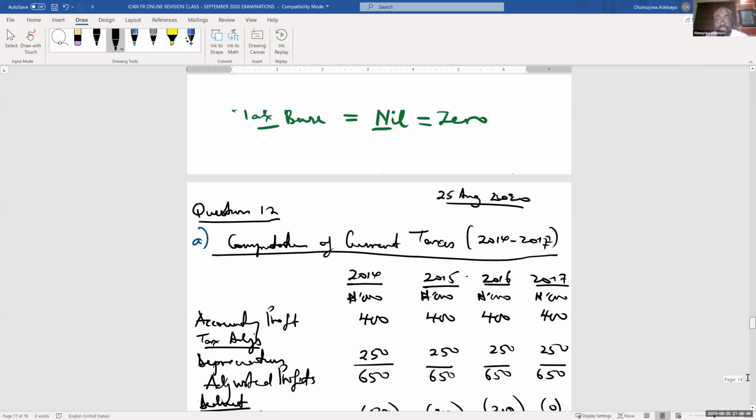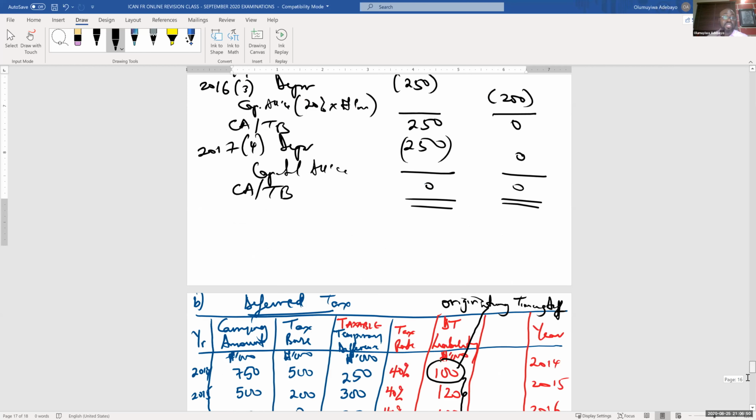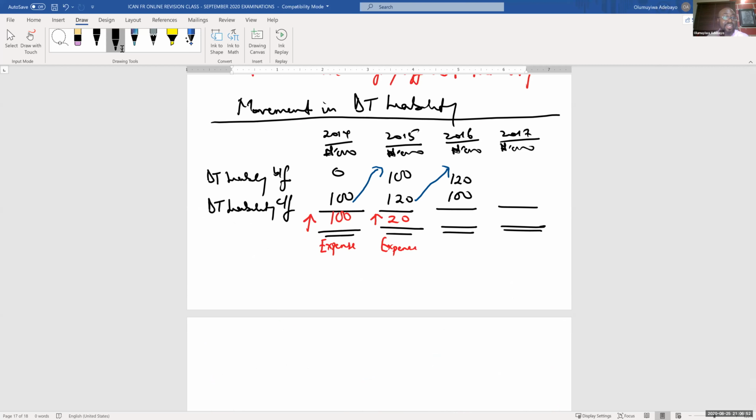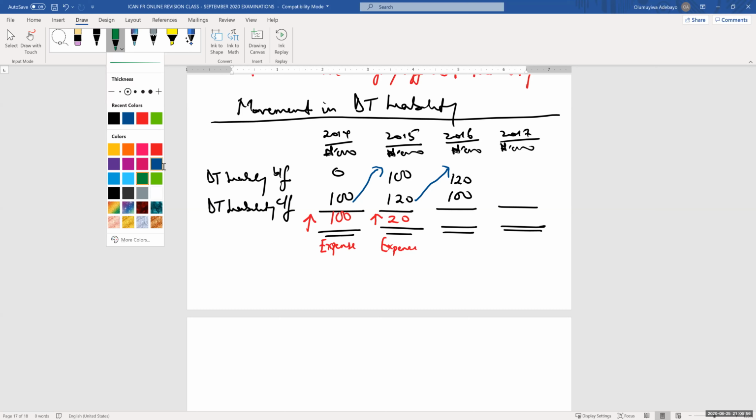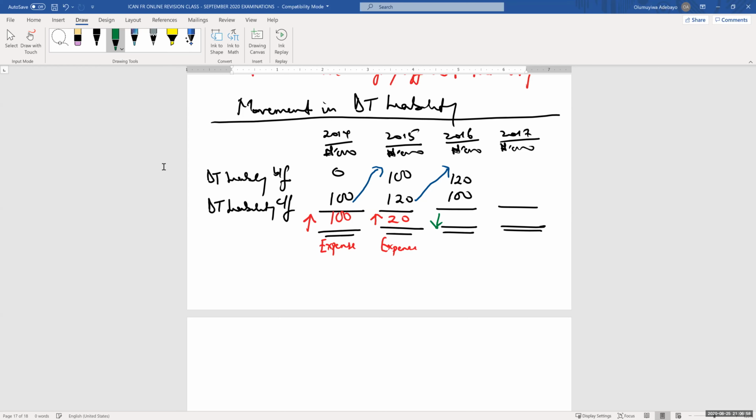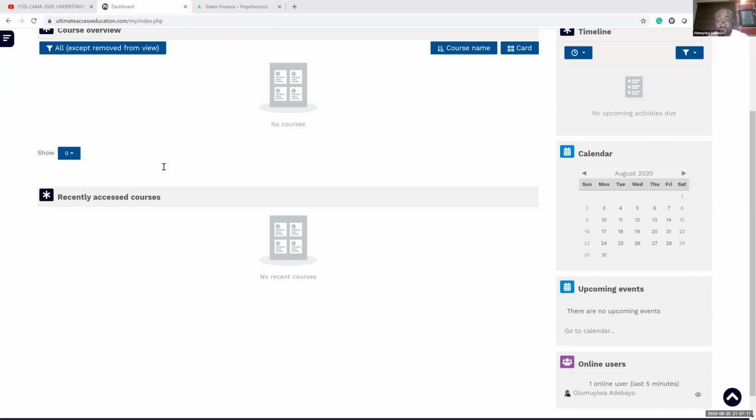Now, this 100, is it an increase in liability or a decrease in liability? Decrease. Of how much? 20. Which is what? Income. A decrease in liability is attributable to income, given that you didn't settle the liability.